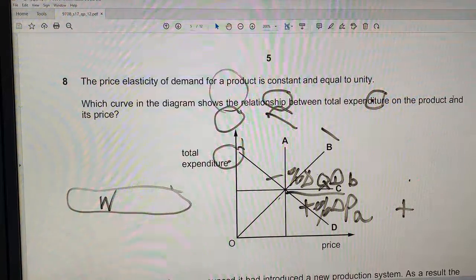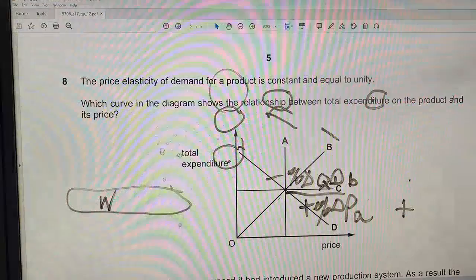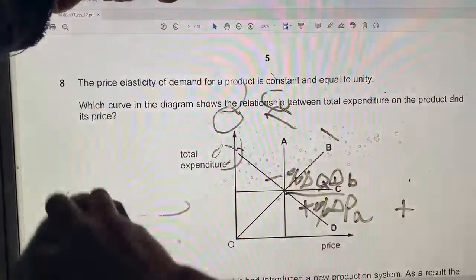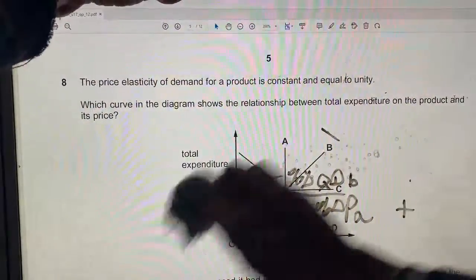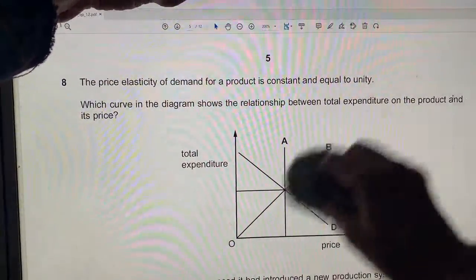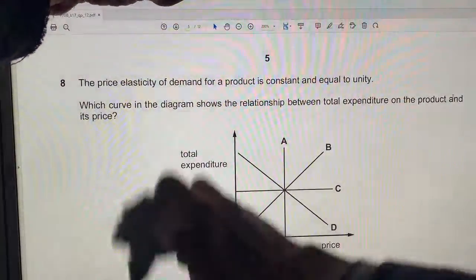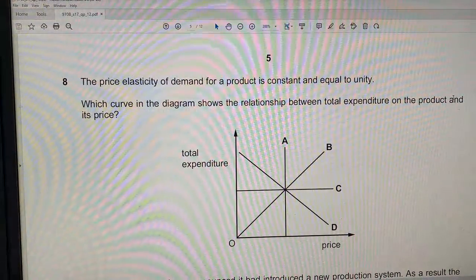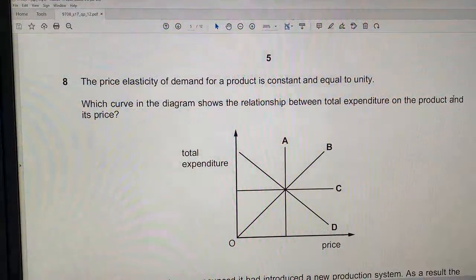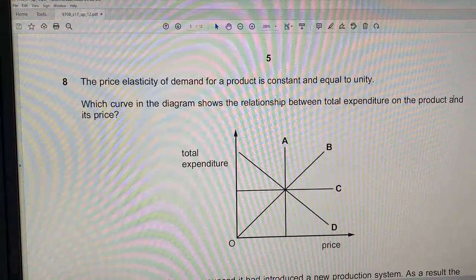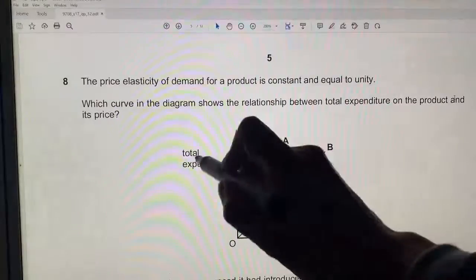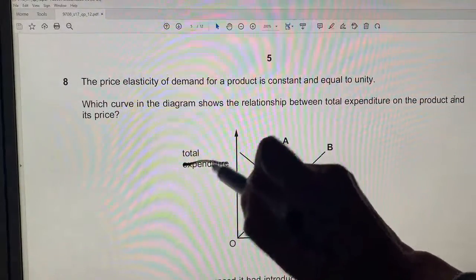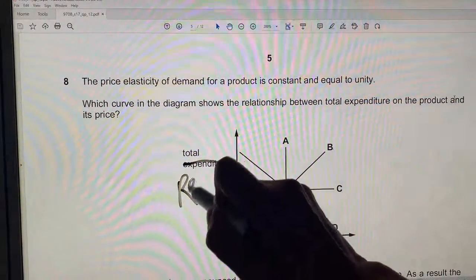Let's do 8. And 8 says the price elasticity of demand for a product is constant and equal to unity. So which curve of the diagram shows the relationship between total expenditure on the product and its price? Well, total expenditure is the same as total revenue.